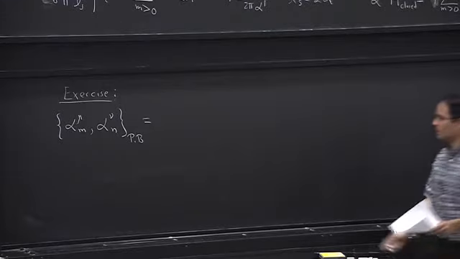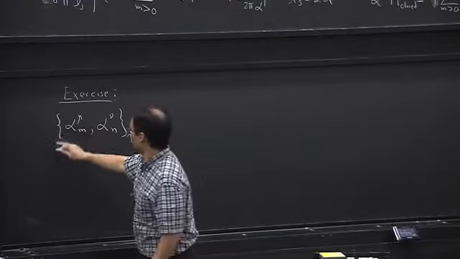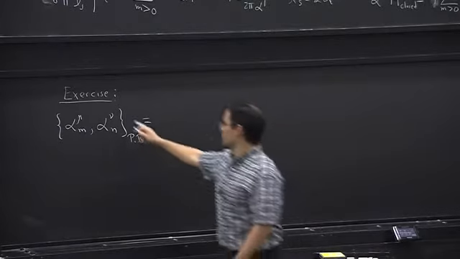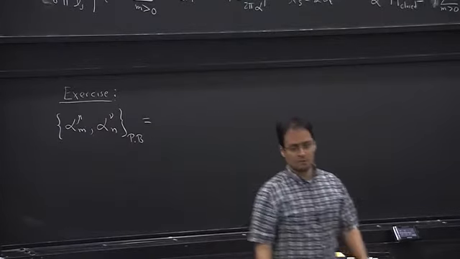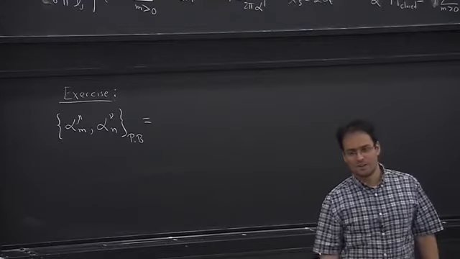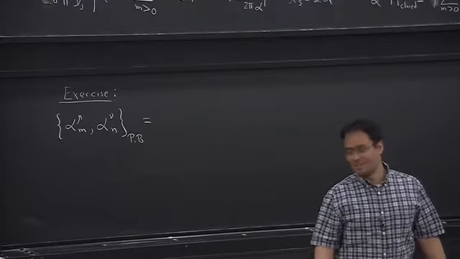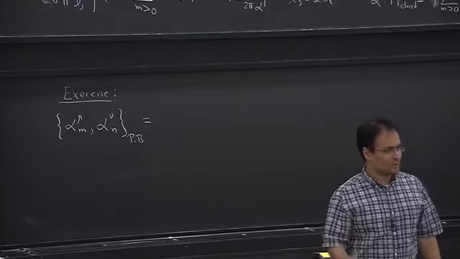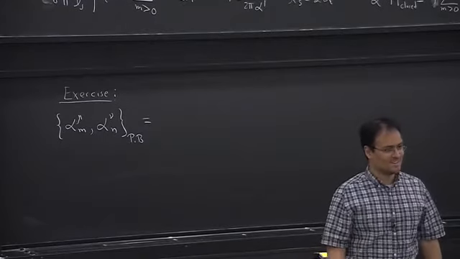So I decided to use here curly brackets because that's the standard notation for Poisson brackets. But some people don't like to use curly brackets because they look like anti-commutators. Every time you see curly brackets, do you think about anti-commutators or not?